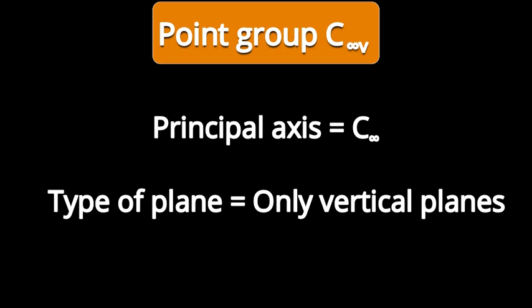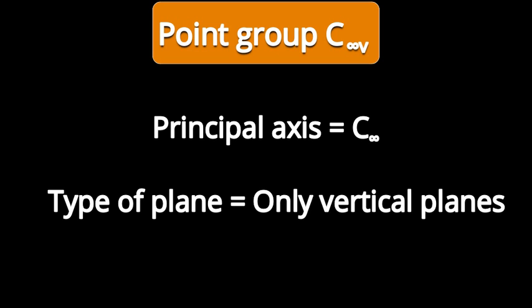Now here point of interest is point group C infinity V. A name of the point group, label of the point group tells us a lot. What is the significance of that label C infinity V? Which principal axis may present there? Yes, C infinity. And the name of the plane, type of the plane also is mentioned in that label. So which plane is present? Vertical plane.